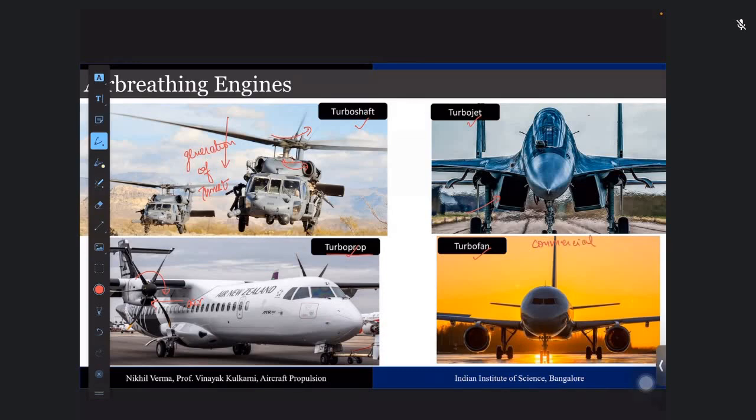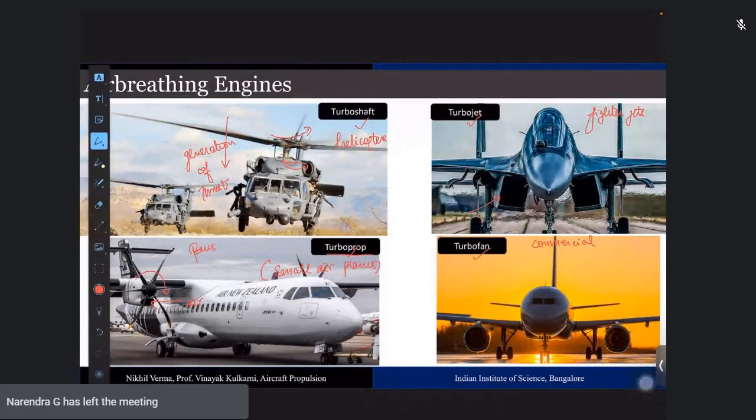These are used in fighter jets, these are used in helicopters, and they are used in small airplanes, probably business class type.